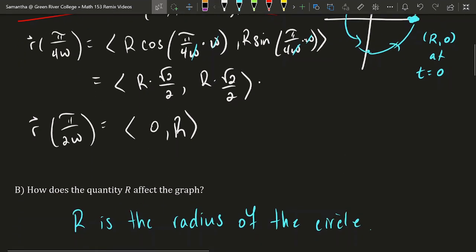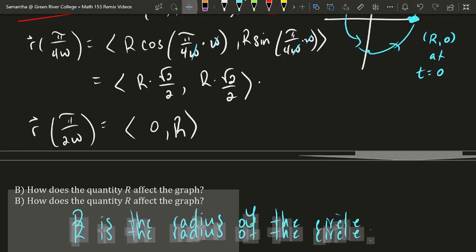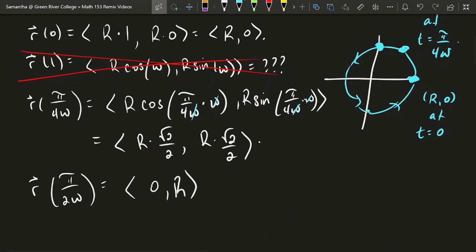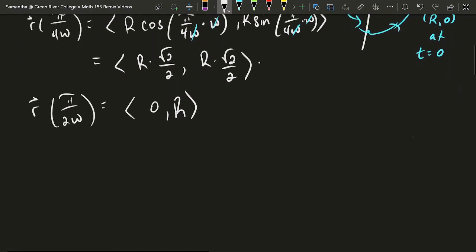To answer that question, I'm going to think about what it would take to loop all the way around this circle and return to the right side. Now, under normal circumstances, one full loop around the circle would be achieved when the angle was 2 pi.